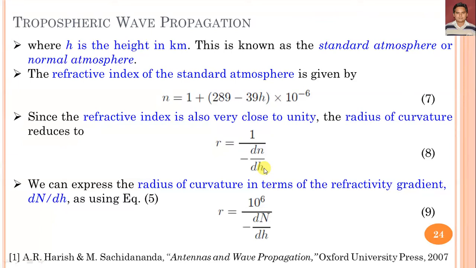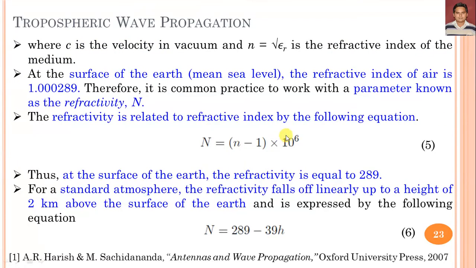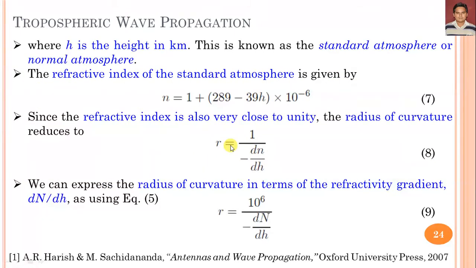This can be calculated from equation 7 by differentiating it with respect to the height, which gives the refractivity gradient dn by dh. The radius of curvature in terms of the refractivity gradient is r equal to 10 to the power 6 upon minus dN upon dh.